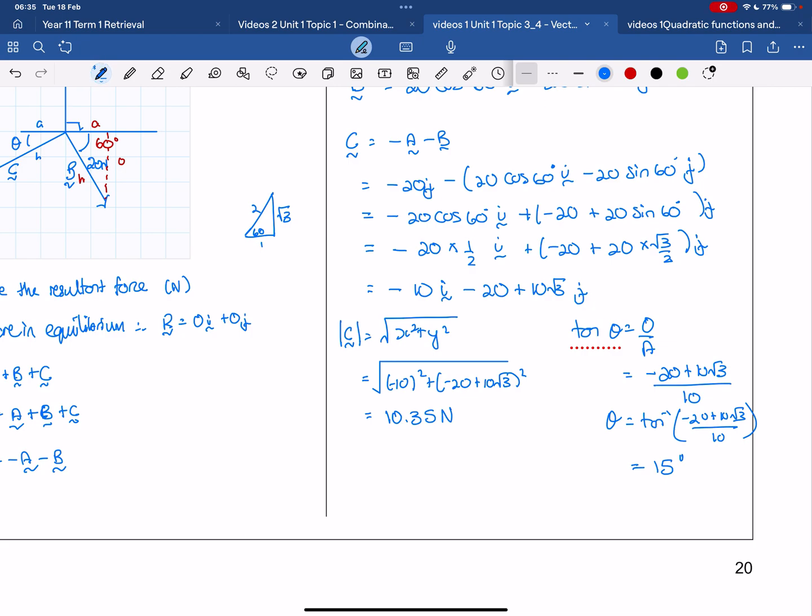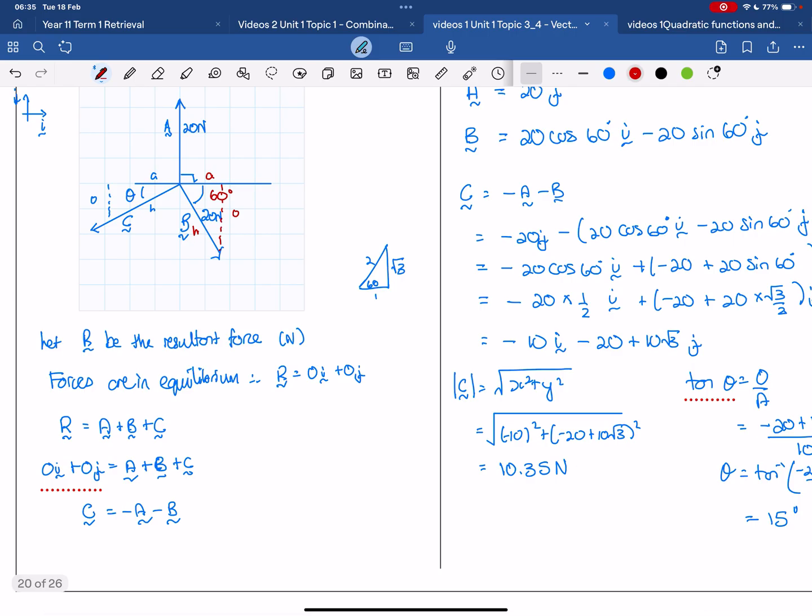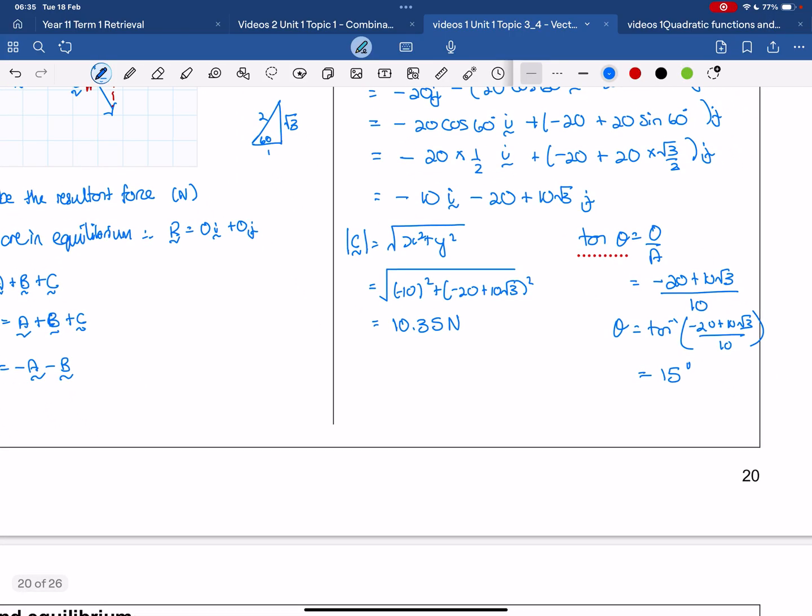It doesn't give us the angle it makes with B. What we're actually looking for here is the angle that C makes with B. So if I know that that one's 60 degrees, this one's 15, I can use angles on a straight line to find the angle that it makes with B. Therefore, the angle that C makes with B is going to be 180 degrees minus 15 degrees minus 60 degrees, because of angles on a straight line, so that's equal to 105 degrees.